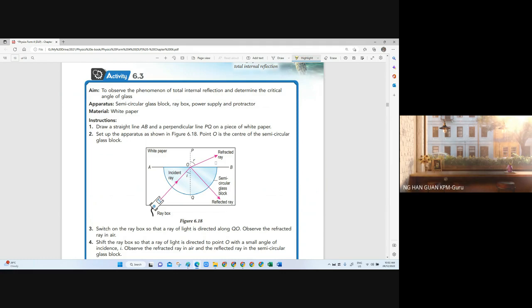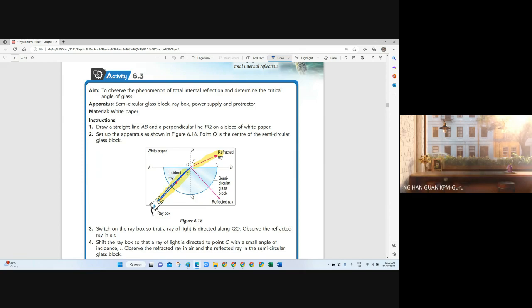Okay. So as you can see here, in this red box, our light is traveling from the air, entering the semicircular glass block. But why is this case considered as light from optically denser towards optically less dense? Because here the light travels in a straight line.